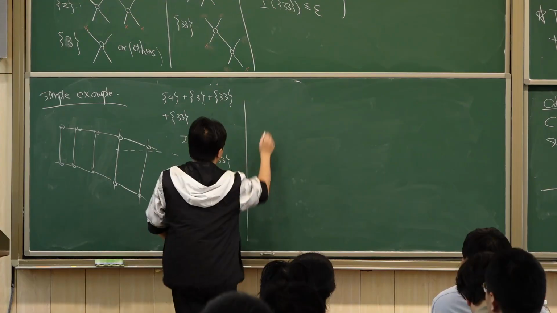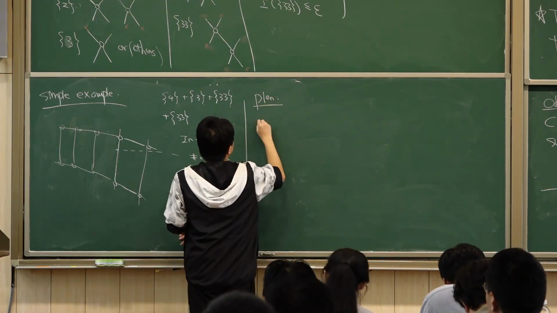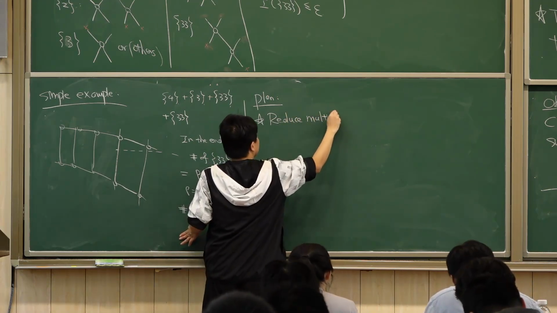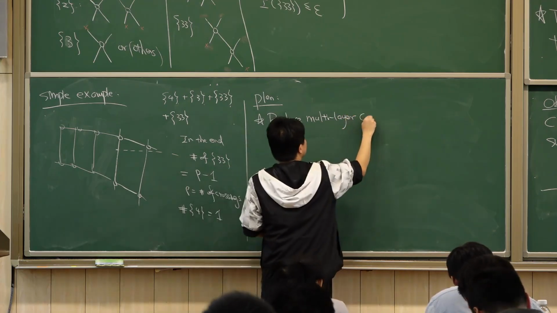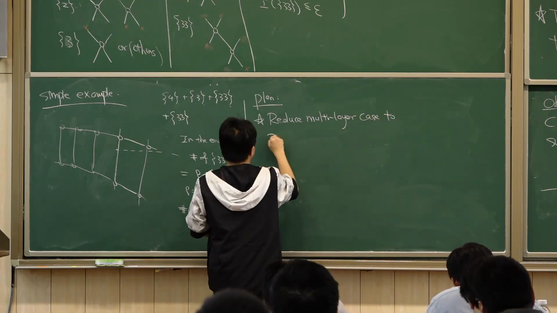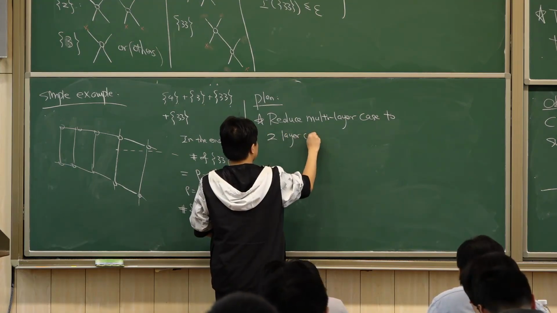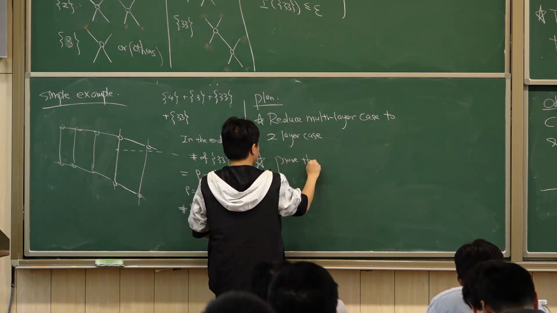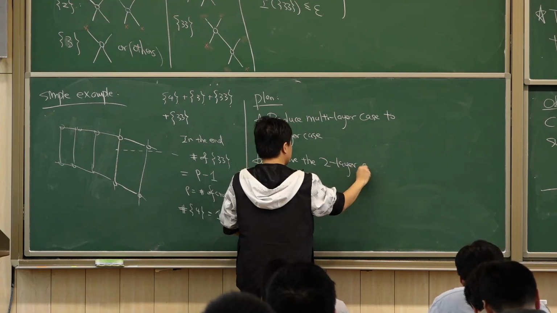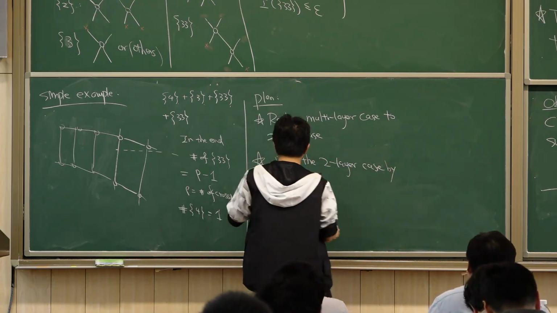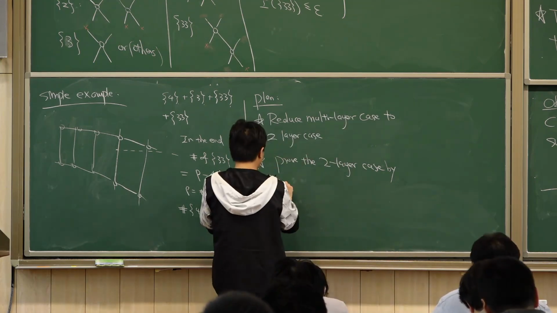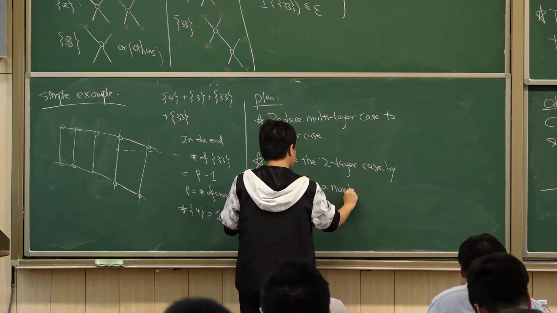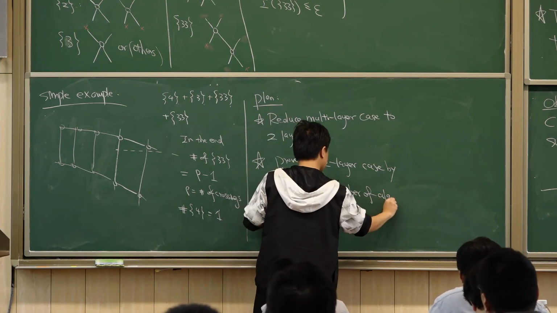So the plan: reduce the multi-layer case to the 2-layer case, and then prove the 2-layer case by developing a number of algorithms.